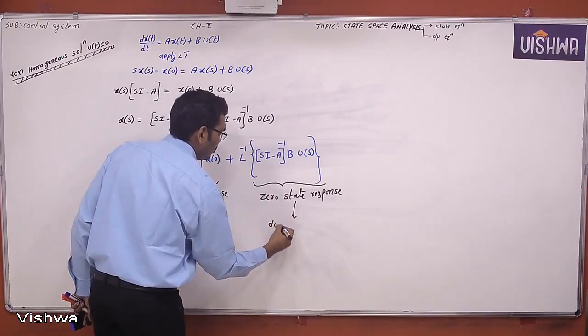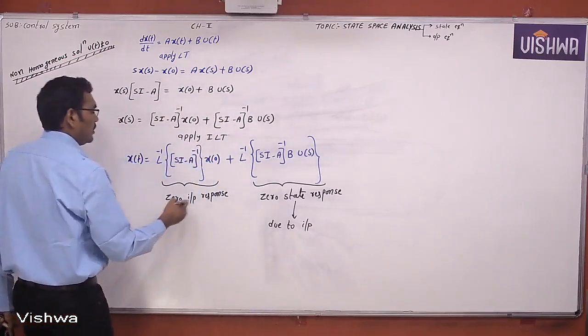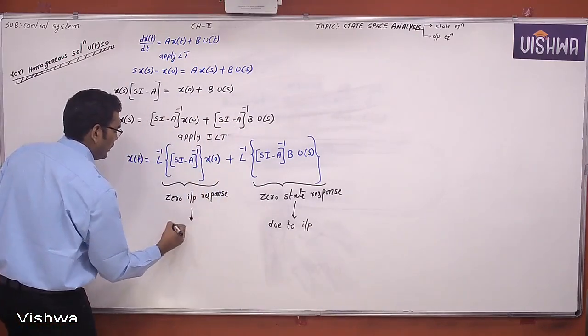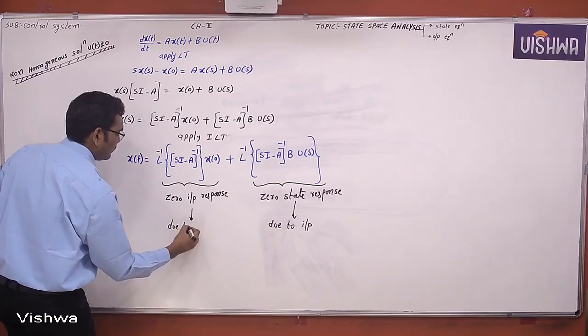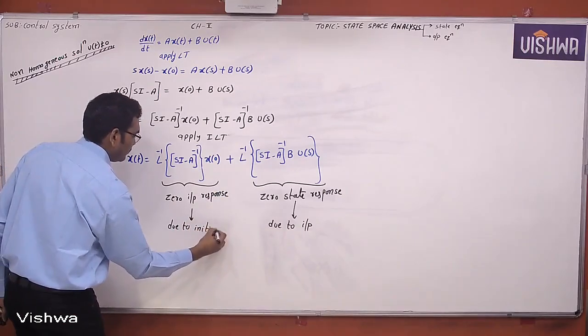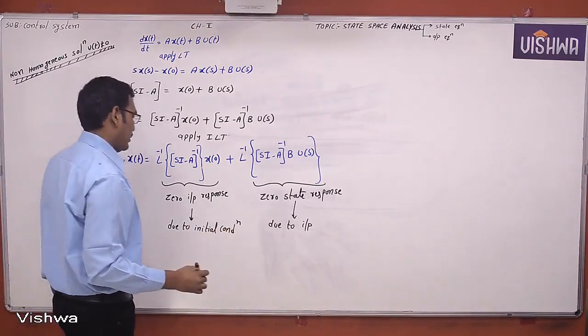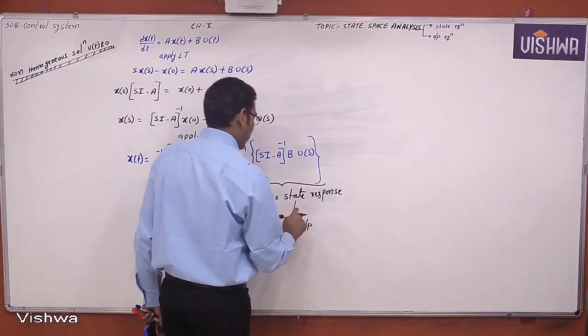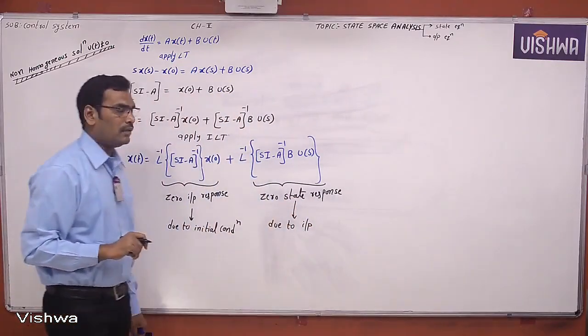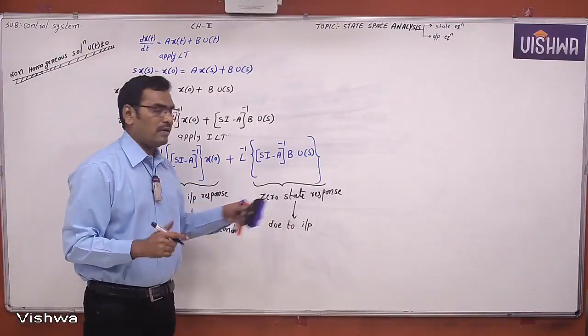This is the 0 input response due to initial condition. This 0 input response is due to initial condition. This is the 0 state response due to input.